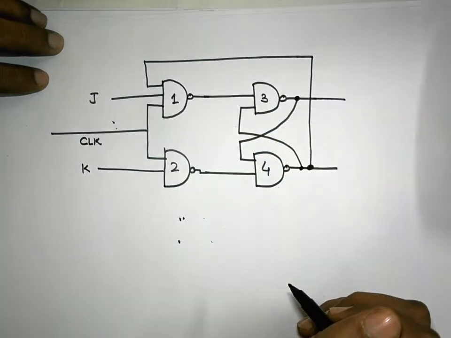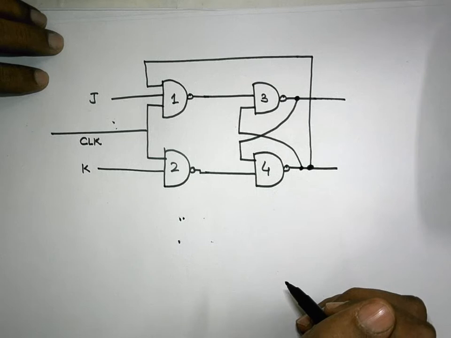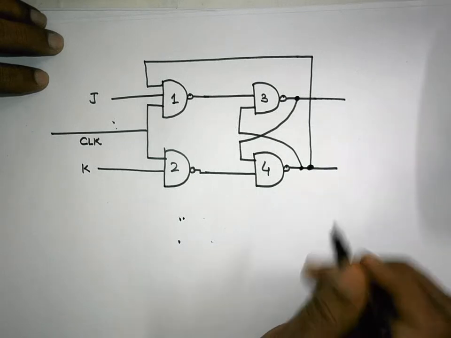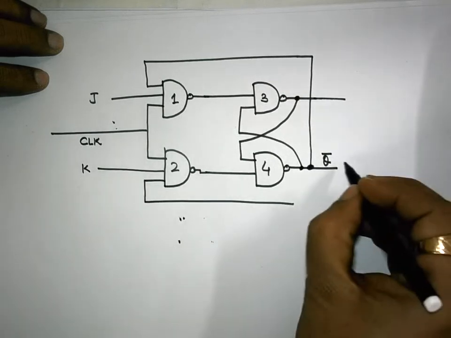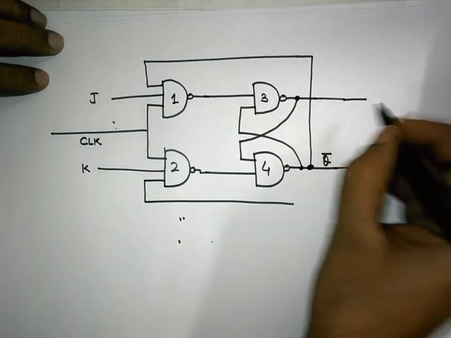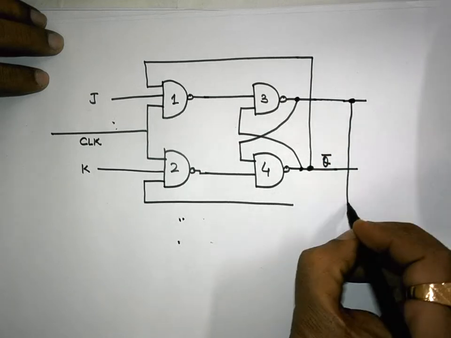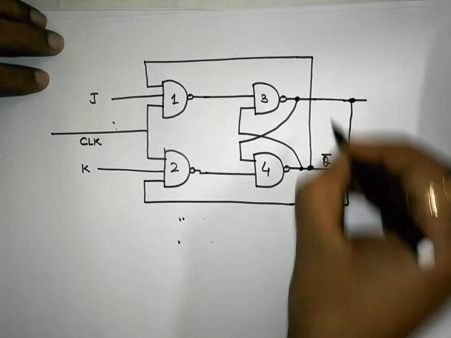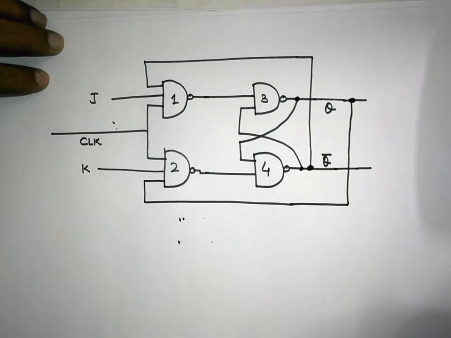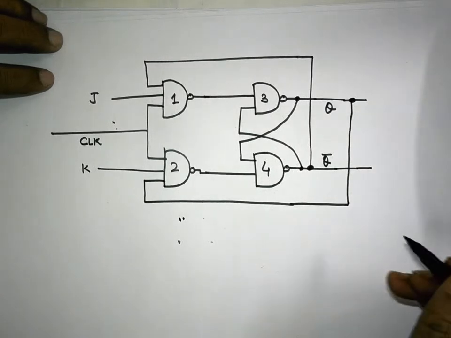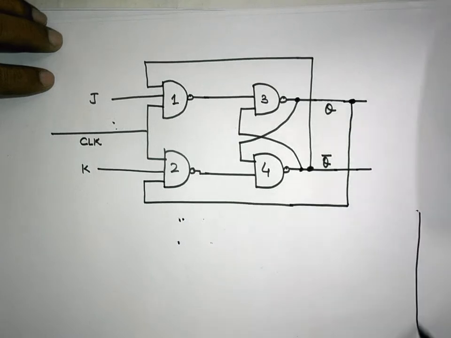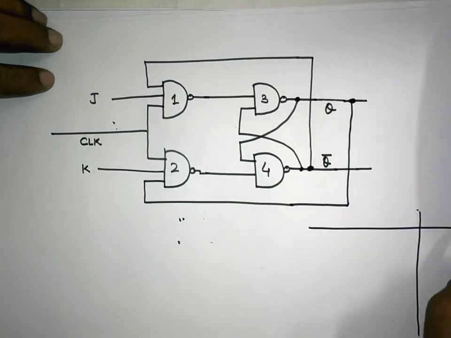One of the inputs of gate number 1 is attached with the output of gate number 4, or you can say it is attached with Q bar, and one of the inputs of gate number 2 is attached with the normal output Q. We have already analyzed this circuit in our previous lecture, but I am quickly repeating that analysis.